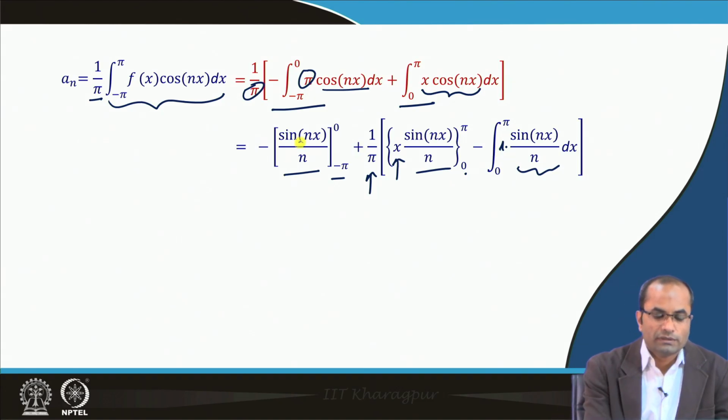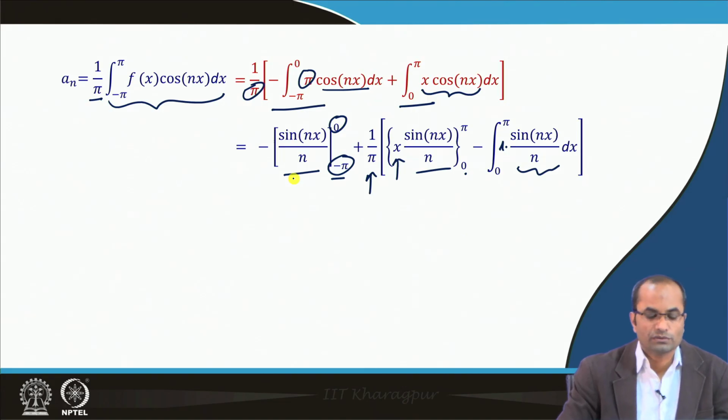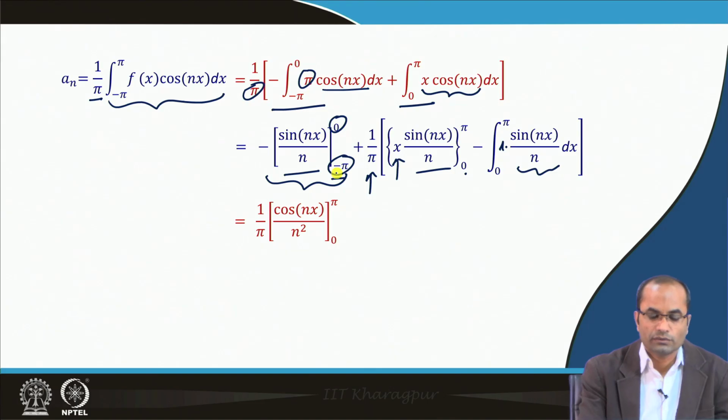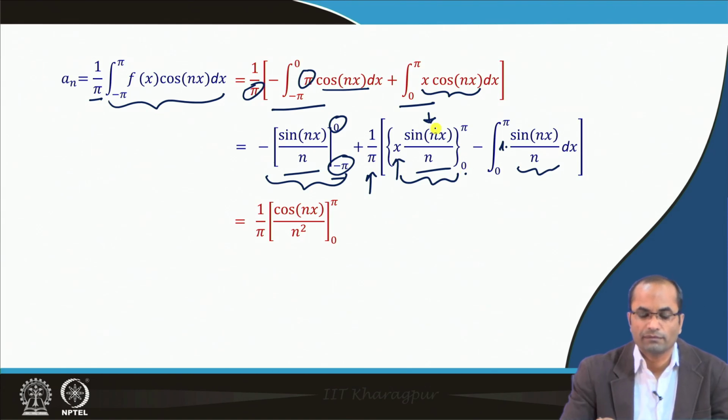So, in the first one, when we have the upper limit, sin will become 0, and for 0 also this will become 0. So, from the first term we are not getting anything, it is 0. From this second term also, because of the sine at pi and 0, this will again become 0, and the last term will contribute.